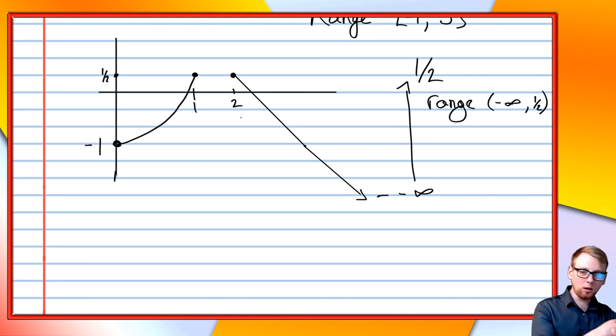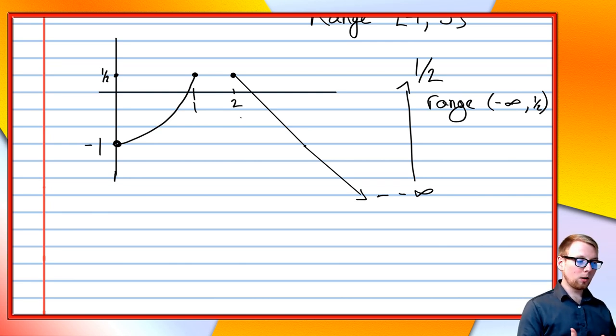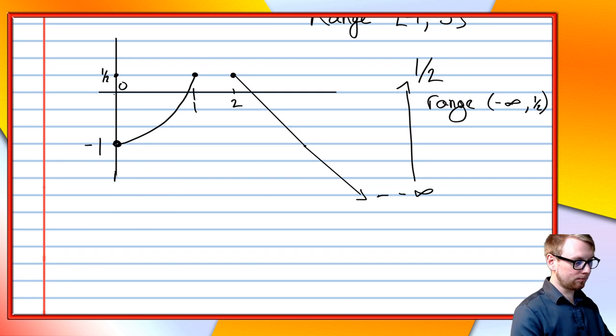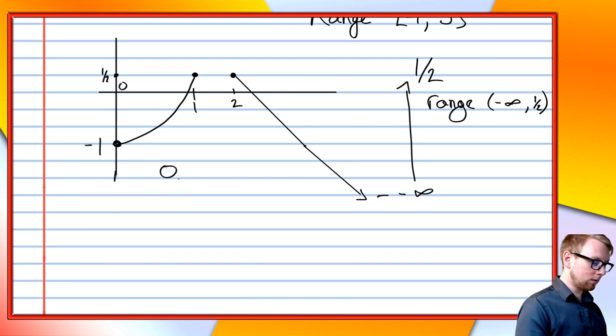Remember, it's always the same thing. The domain is the values that the function exists for the x. It exists from 0 to 1, because this is 0. So it exists between 0 and 1. But it also exists from 2 to infinity.